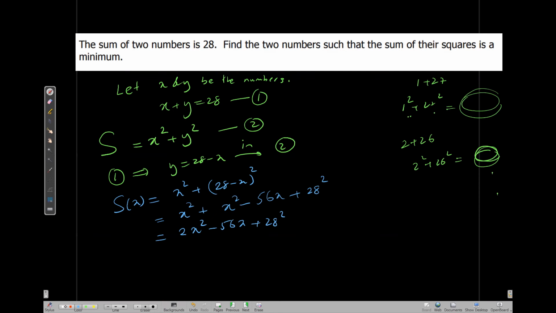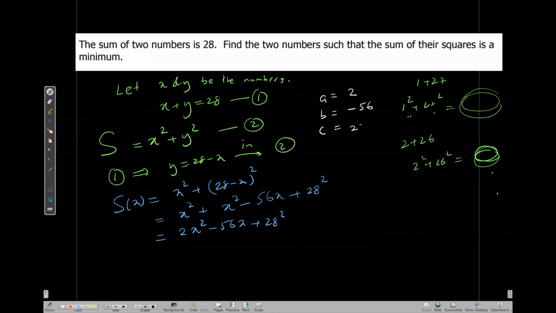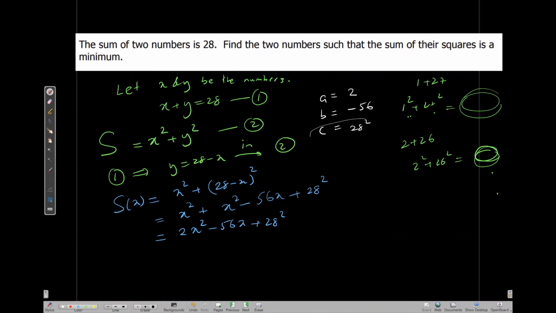So my a, b, and c in this function: a is 2, b is negative 56, and c is that large number 28 squared. Again, we don't care about that much for our vertex, because a is positive, so I have opening upward, so minimum, which makes sense.